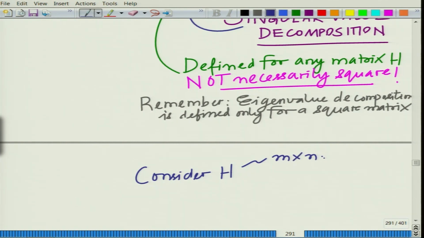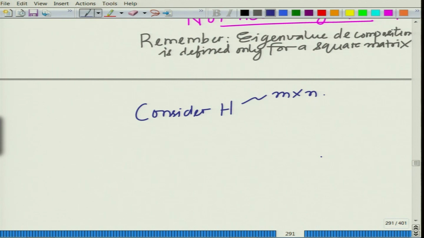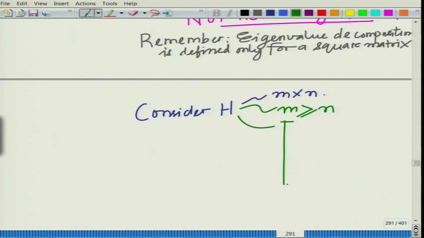m cross n matrix. For ease of visualization, we will just consider m greater than or equal to n, and the case where m is less than n is similar. So let us consider a tall matrix, an m cross n matrix where m is greater than or equal to n. So I can write such a matrix as, it looks like this.